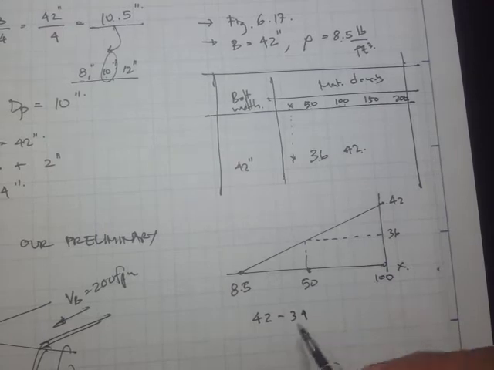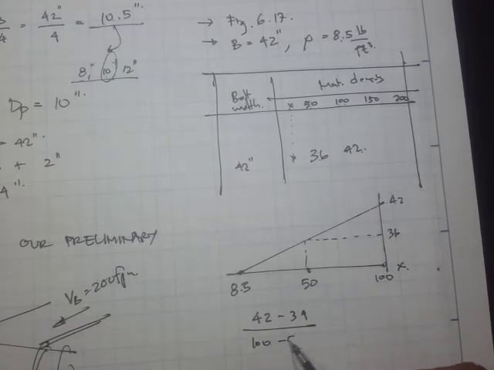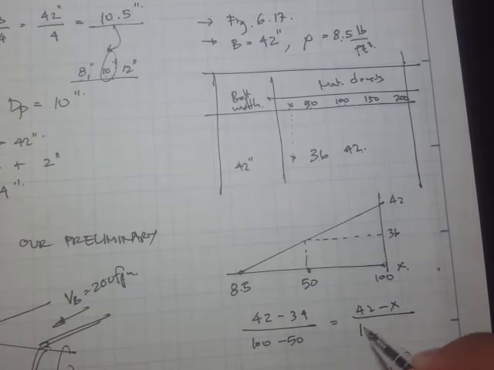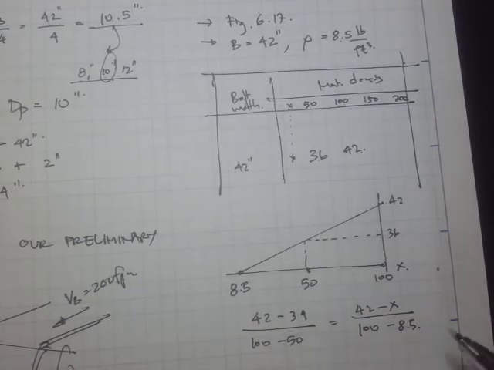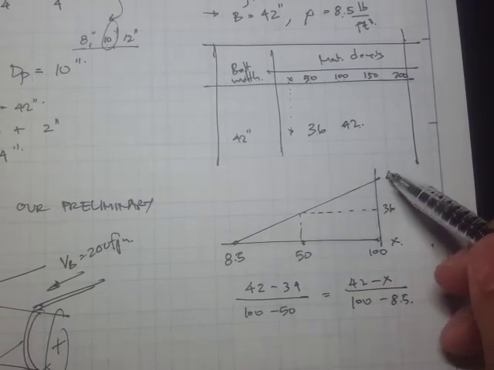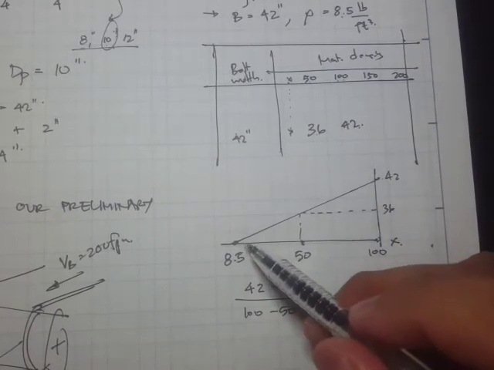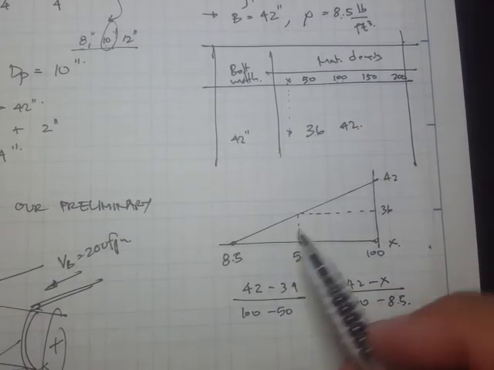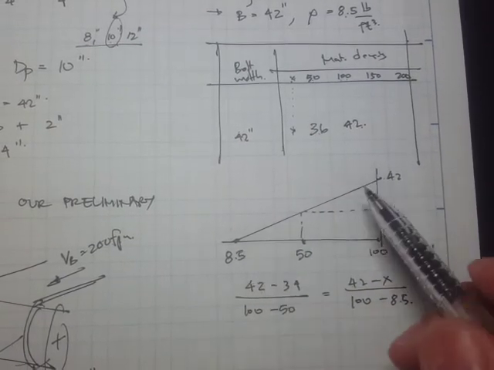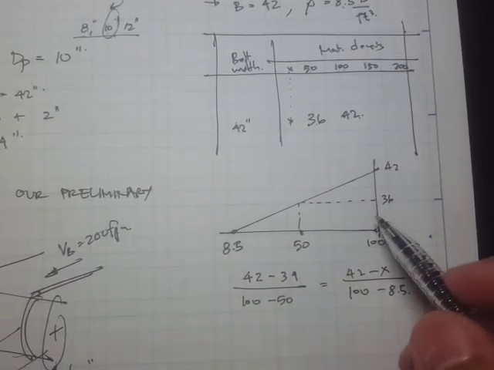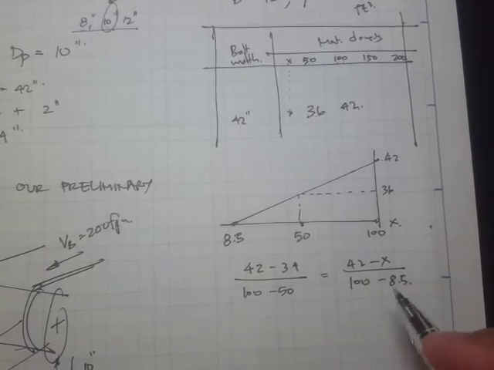42 minus 34 all over 100 minus 50 is equal to 42 minus x over 100 minus 8.5. Take note that this is just my assumption, and this is the easiest interpolation, rather than going for quadratic interpolations or higher degree. This is much easier and practical, I guess.